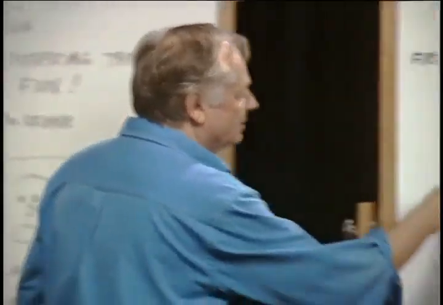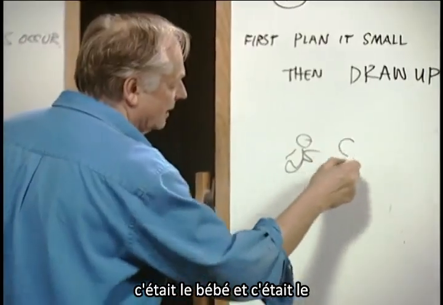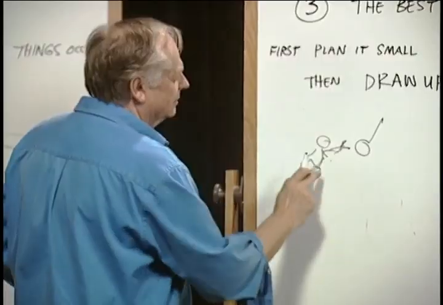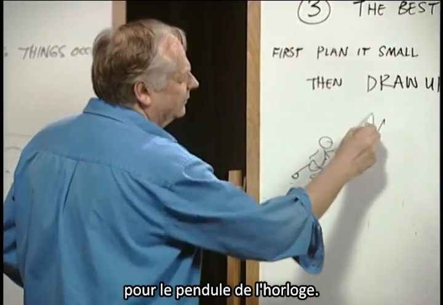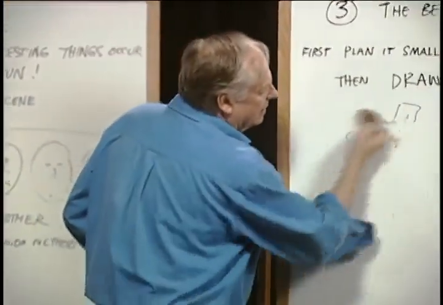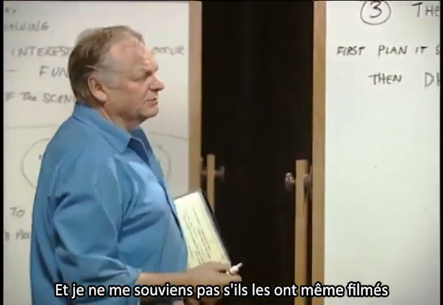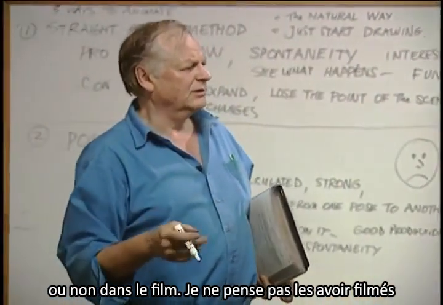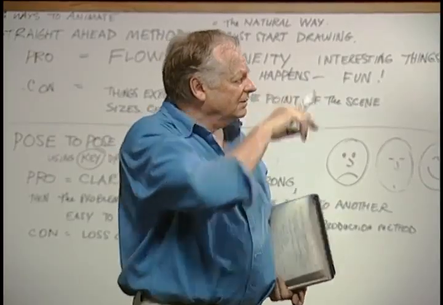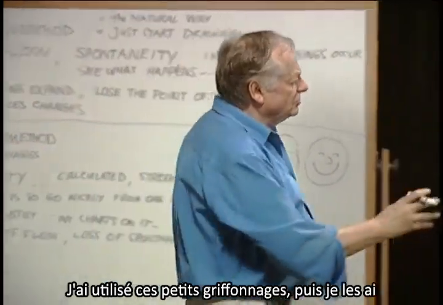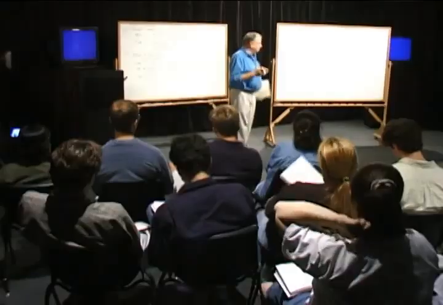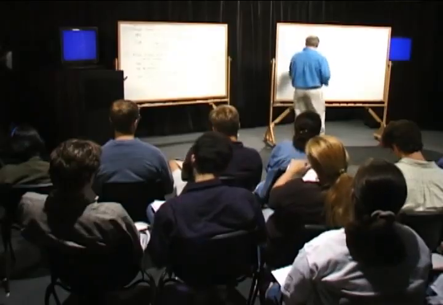That was the baby, and that was he's jumping for the clock pendulum. I mean, stuff like that. And I can't remember whether they even shot them or not in the film. I don't think we did. But I used those little scribbles and then blew them up and did nice drawings on top of them. Okay?